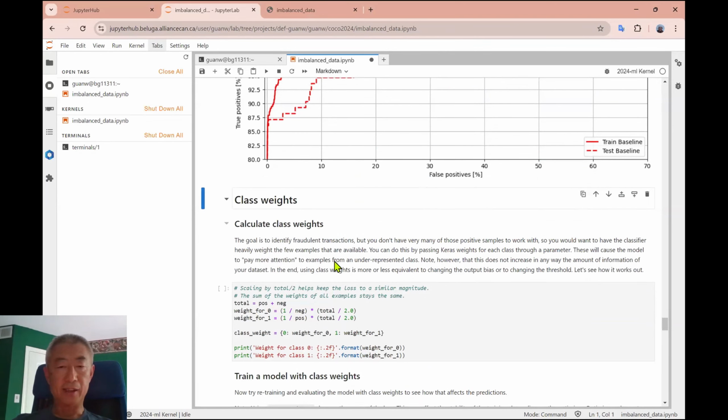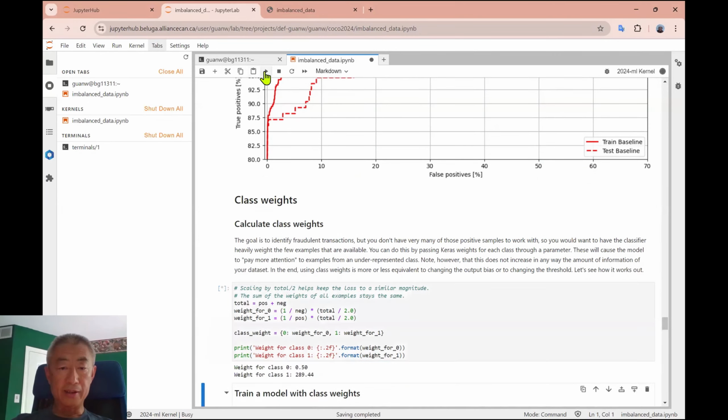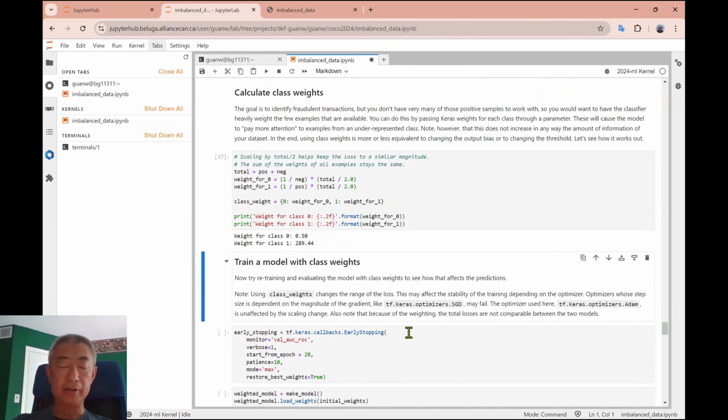So first of all, we are gonna make the contribution from the positive and the negative equal in each iteration. I mean, equal in terms of statistics.